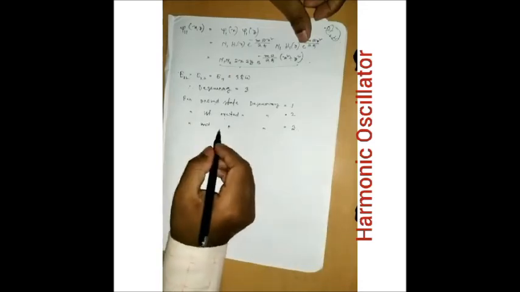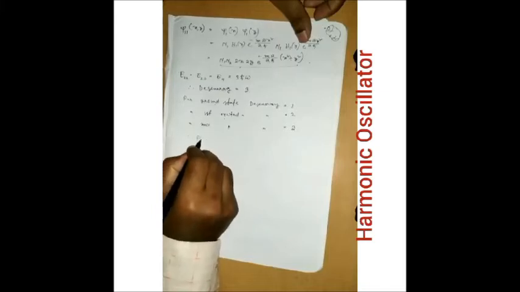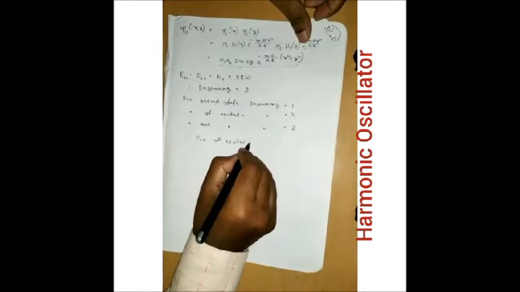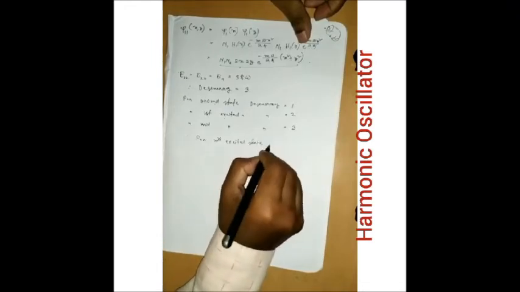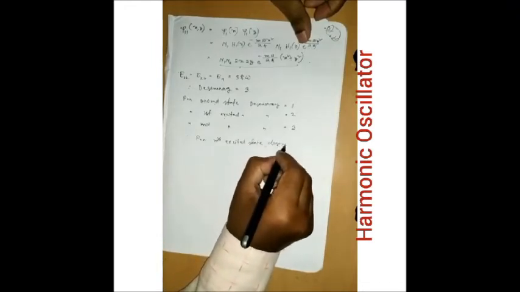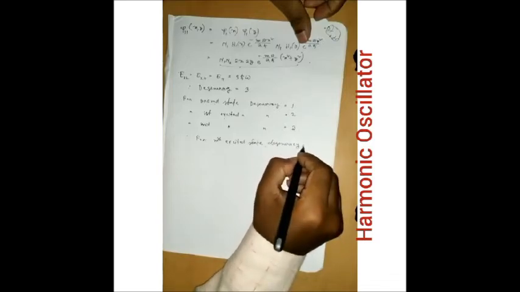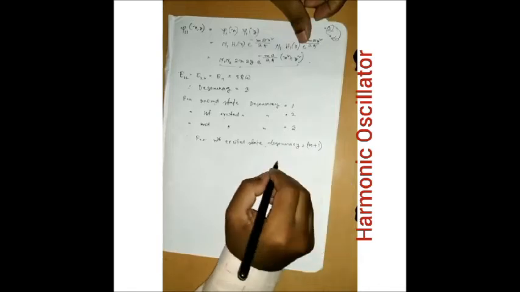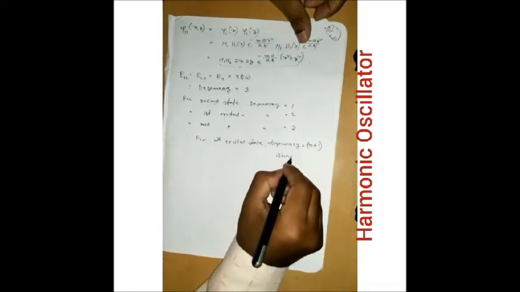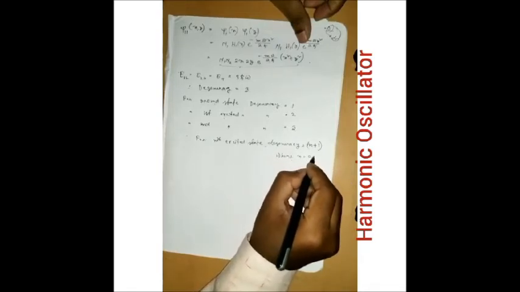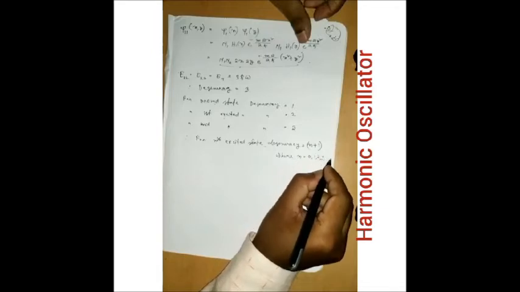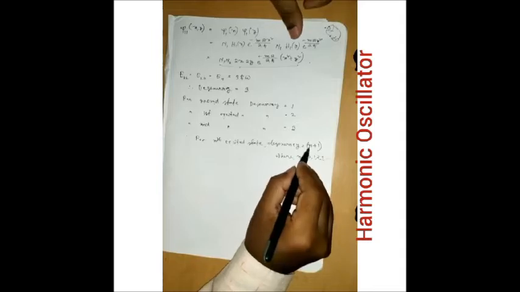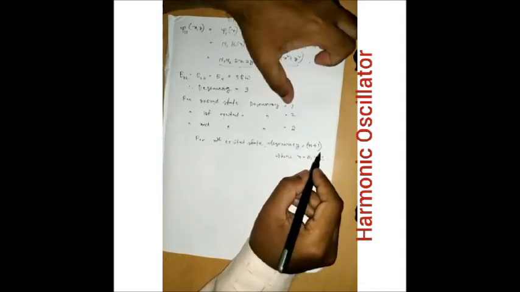That means for the nth excited state, the degeneracy is equal to what I can write? N plus 1, where n is equal to 0, 1, 2, 3, and so on. 0 means ground state, so we'll get degeneracy 1, so we verified.